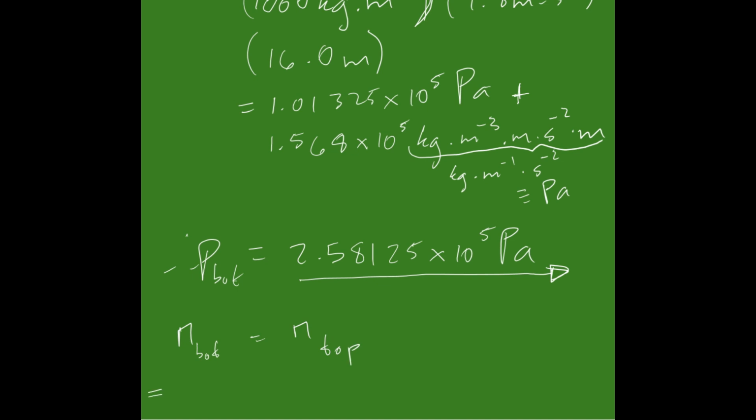So this means if we make the number of moles subject of the formula, it will be the pressure at the bottom times the volume at the bottom over R, the gas constant, and temperature at the bottom.